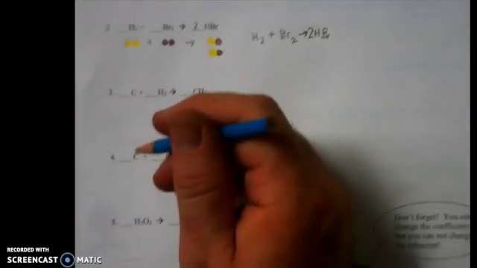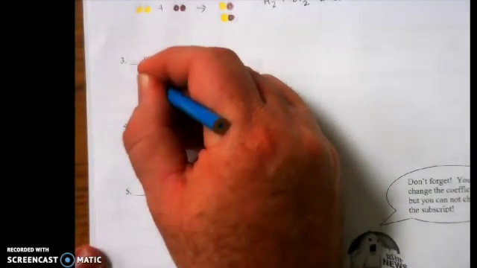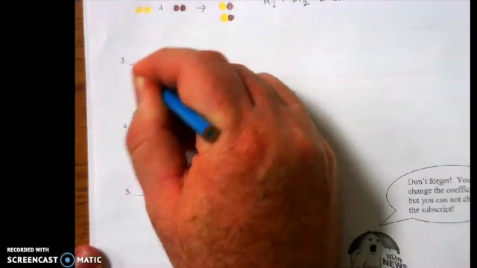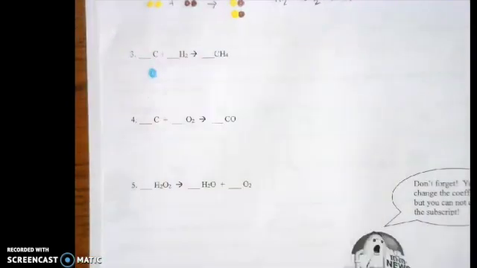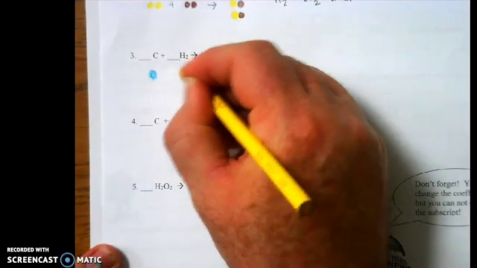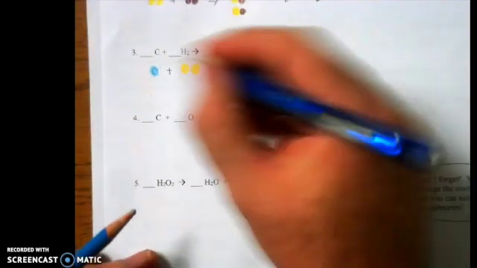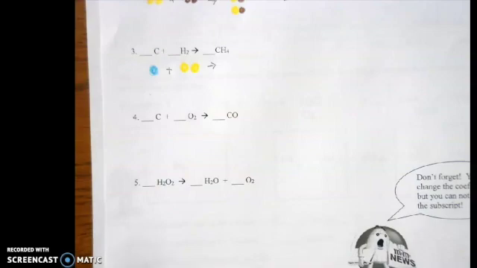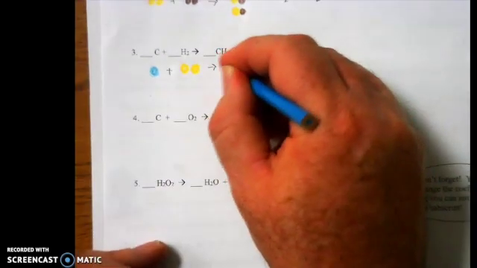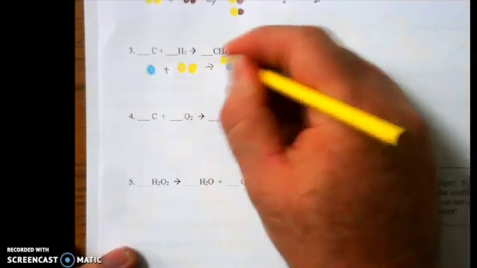Next, carbon, 1 carbon plus a hydrogen molecule, which is H2, so 2 atoms of hydrogen. If we combine those will yield a CH4 molecule. 1 carbon, 4 hydrogens.